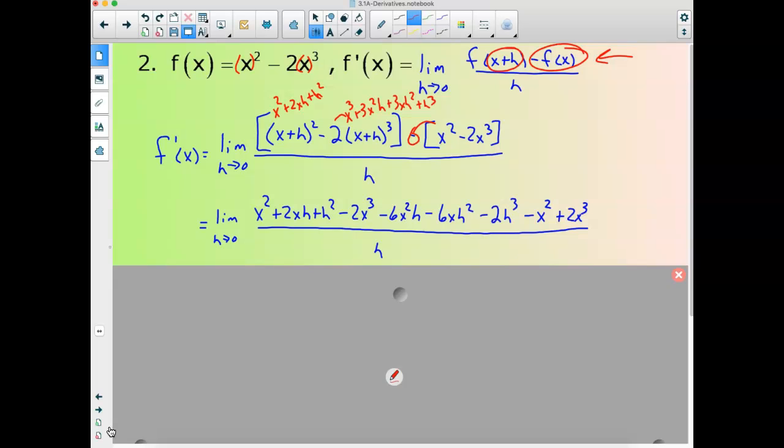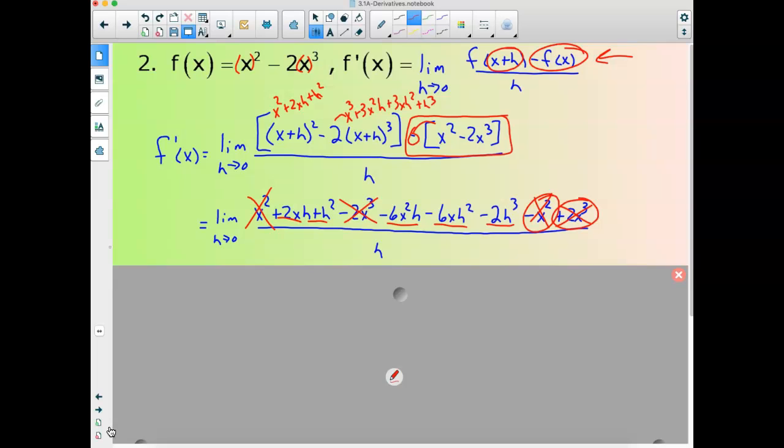Once I have everything expanded out in the top, I always come down and dial in on this last thing, because that's the only thing that doesn't have an h in it, and I'm like, okay, where are you? 2x cubed, there you are, so those are gone. I got a minus x squared, there it is, it's gone. And notice, there's an h in each of the remaining terms.